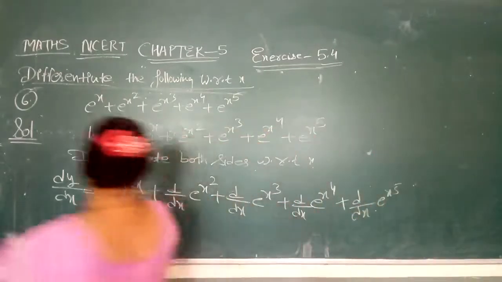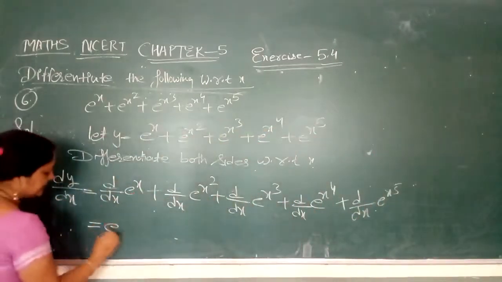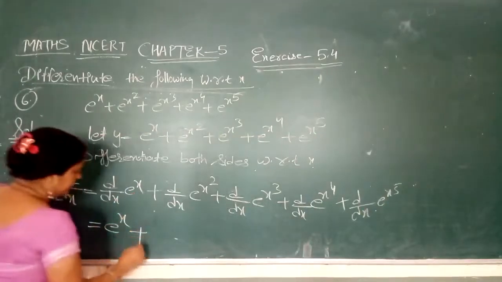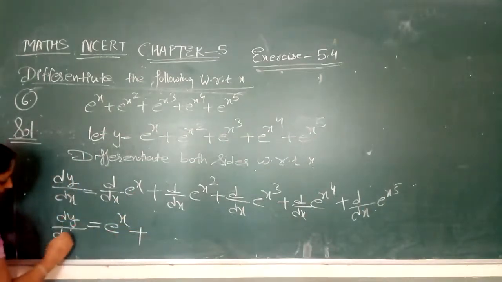So what is the derivative of e^x? The derivative of e^x is e^x, and here the left-hand side is dy/dx as it is.